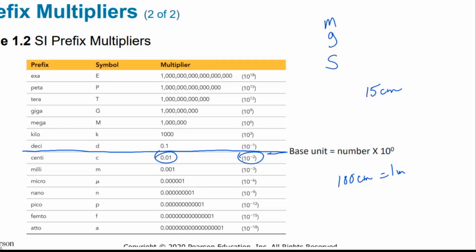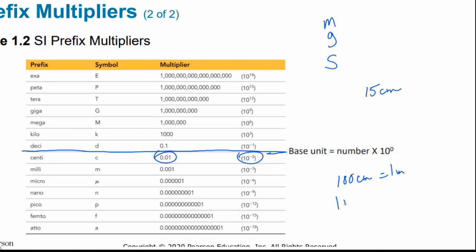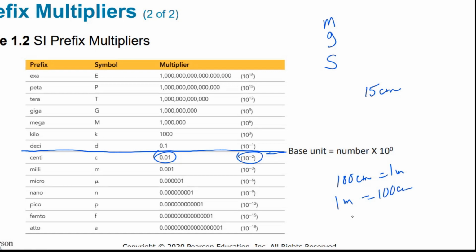So we can use these numbers as a conversion factor. We can say that 1 meter is equal to 100 centimeters, or we can say 0.01 meters is 1 centimeter.